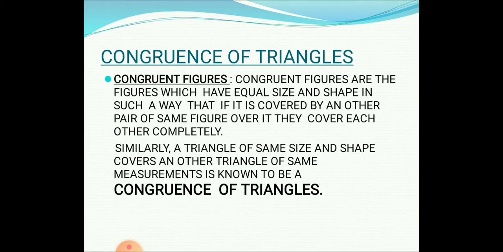What do you observe? They cover each other completely and we call them congruent circles. Similarly, a triangle of the same size and shape that covers another triangle of the same measurement is known as congruence of triangles.